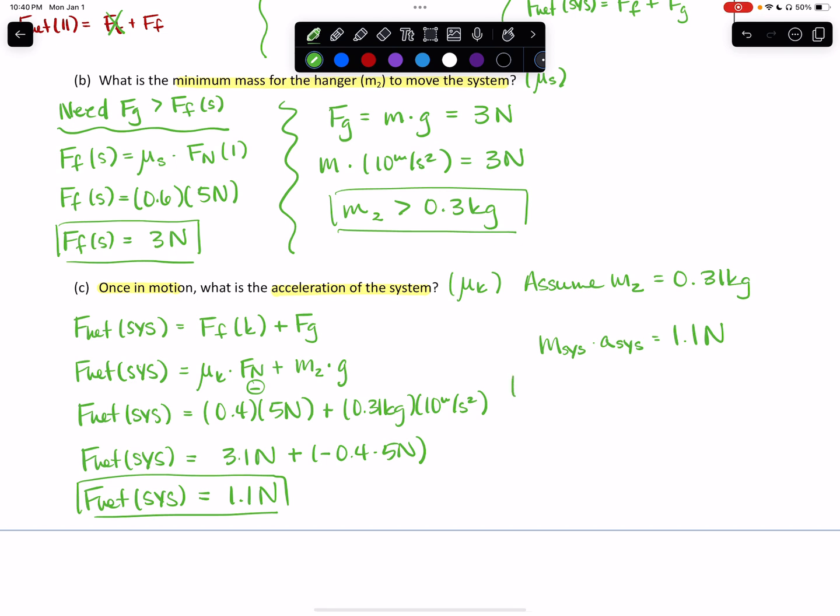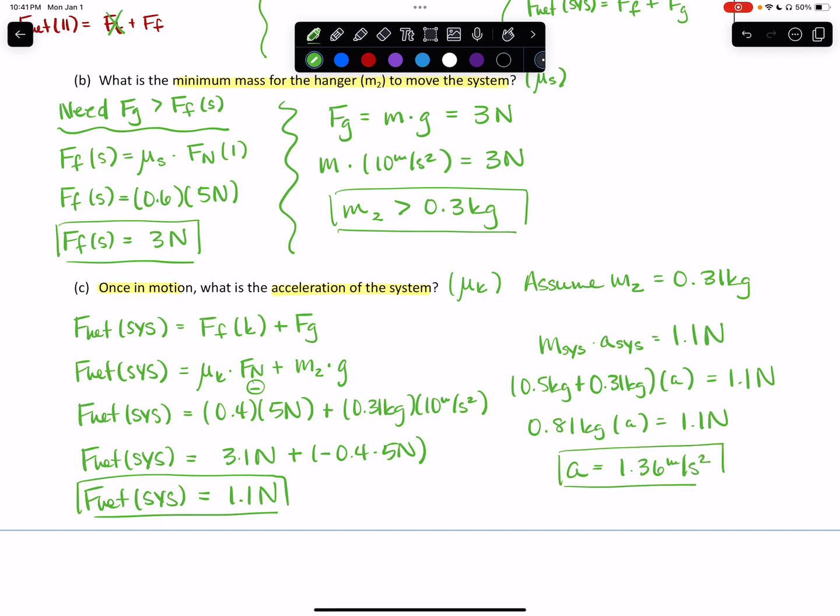So I have 0.5 kilograms plus 0.31 kilograms times my acceleration, and that's equal to 1.1 newtons. So 0.81 kilograms times acceleration equals 1.1 newtons. So that means my acceleration is going to be equal to 1.36 meters per second squared.